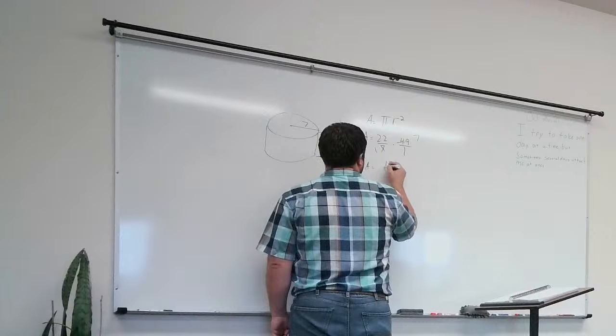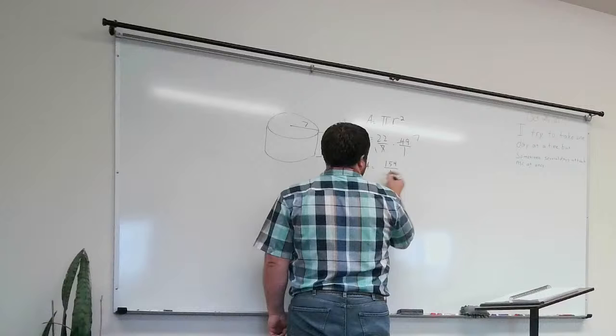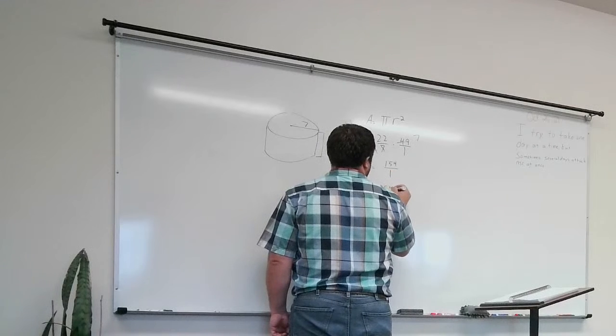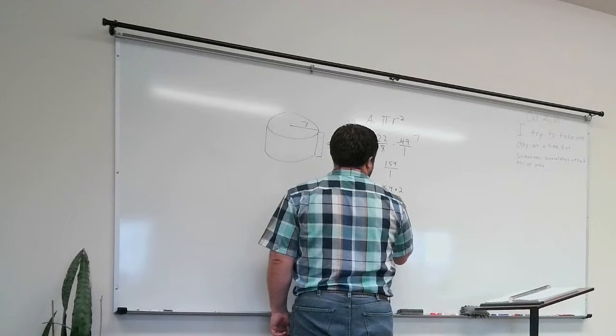Times 2, because there's 2 circles. So 154 times 2, area equals 308.